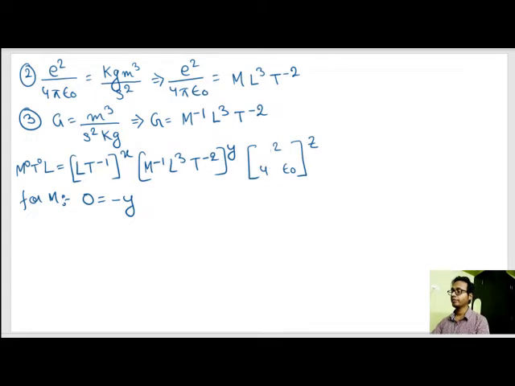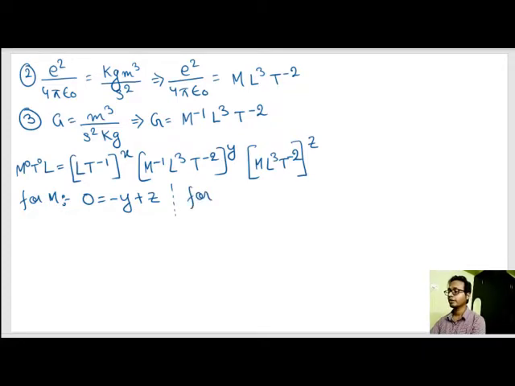So for M on the left hand side, M is equal to minus y plus z.